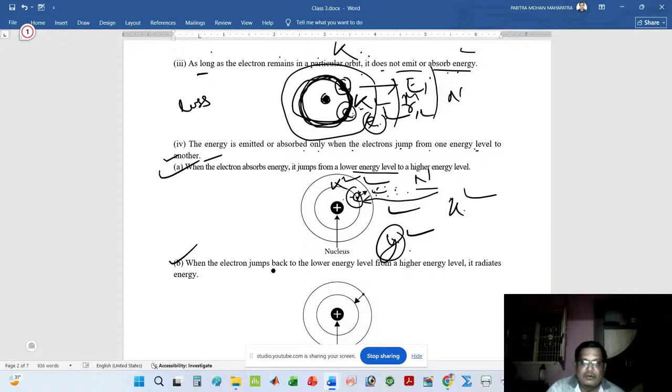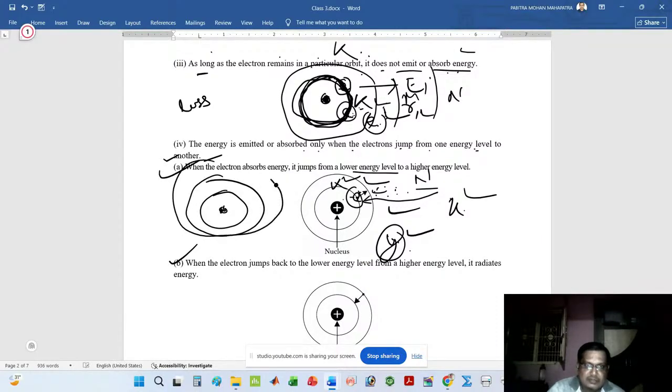Similarly, when the electron jumps back to a lower energy level, suppose an electron, this is your nucleus, this is your K cell, this is your L cell, this is your M cell. Suppose an electron is present at the M cell. If an electron wants to shift from a higher energy level to a lower energy level, then it must lose energy, and that energy is emitted from the system to the surroundings.